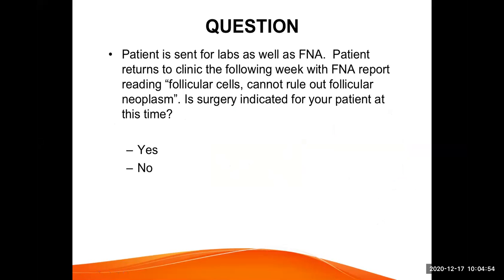So FNAC is not very helpful in this lady, because it says it cannot rule out follicular neoplasm or follicular cancer. Then what's the use of that, right? We cannot rely on that report. So we need to go for some other type of examination, probably biopsy, probably surgery.